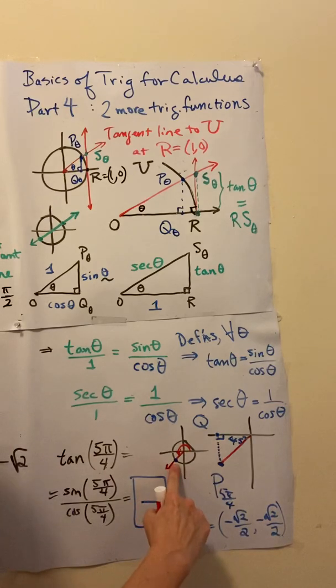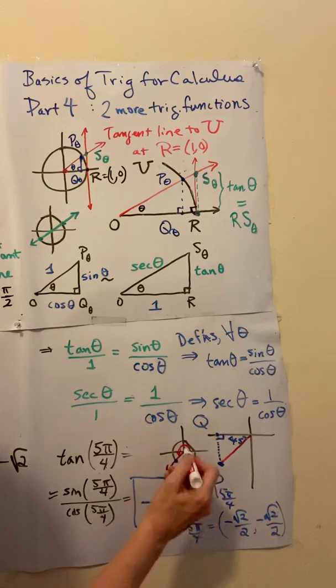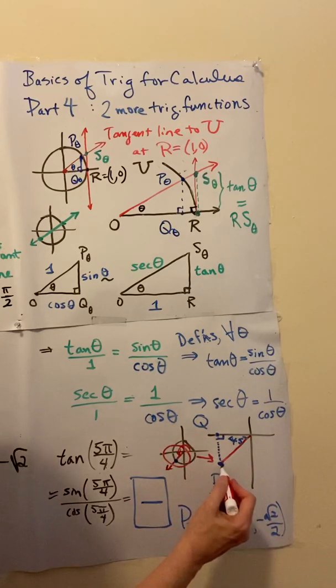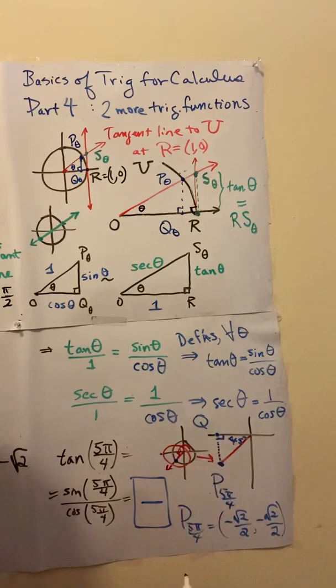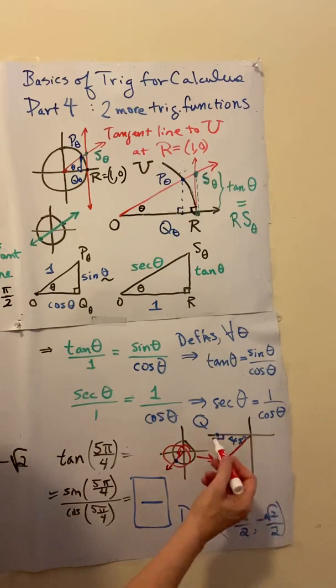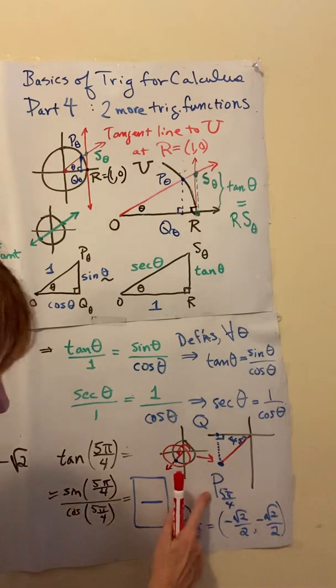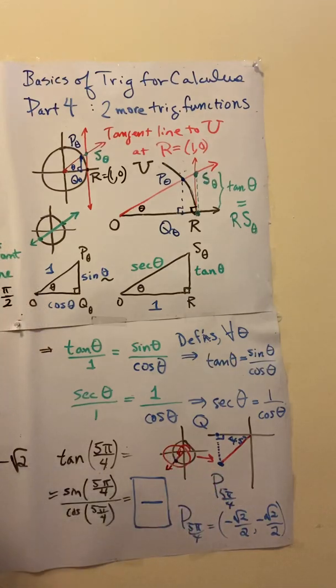There's your p sub 5 pi over 4. If I blow this up over here, here's p sub 5 pi over 4, here's q sub 5 pi over 4. That gives me a 45, 45, 90 triangle with p in quadrant 3.